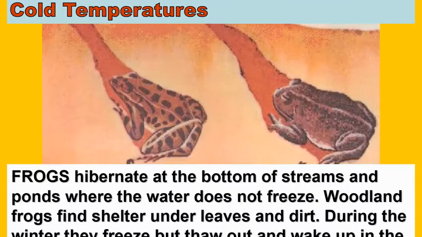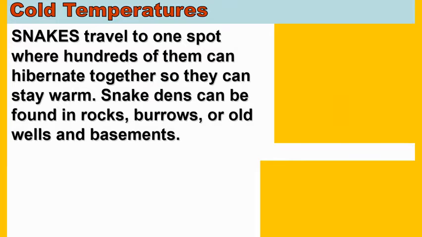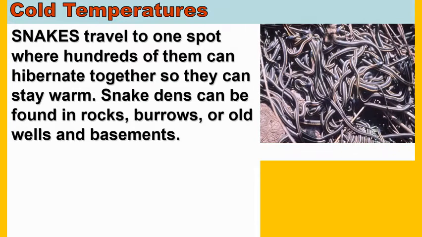Frogs hibernate at the bottom of streams and ponds where the water does not freeze. Woodland frogs find shelter under leaves and dirt. During the winter, they freeze but thaw out and wake up in the spring. Snakes travel to one spot where hundreds of them can hibernate together so they can stay warm.